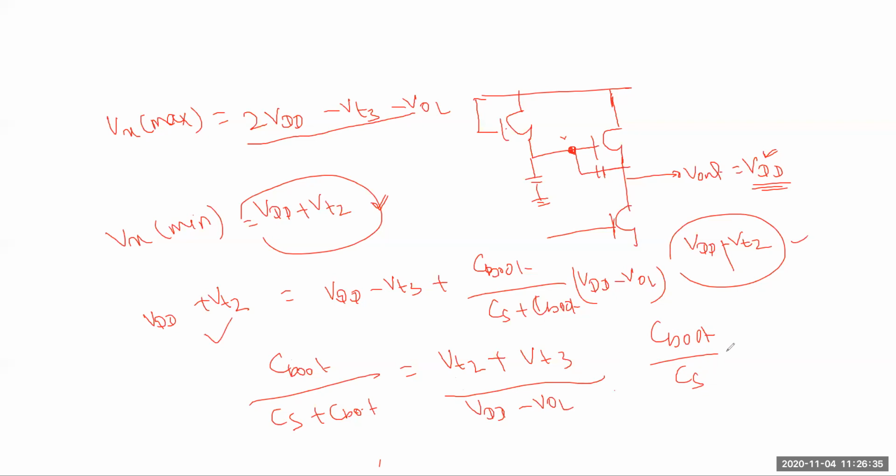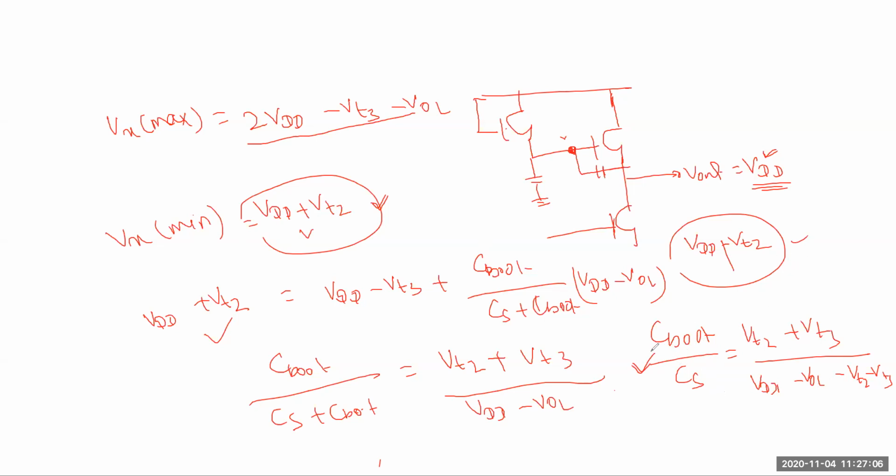If you calculate, finally you will get VT2 plus VT3 by VDD minus VOL minus VT2 minus VT3. So this is the final equation. If you maintain this ratio, C boot by CS equal to this, then you will get Vx minimum as VDD plus VT2, and the output will be VDD.